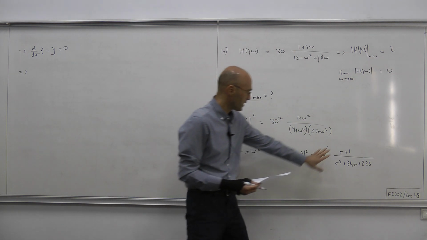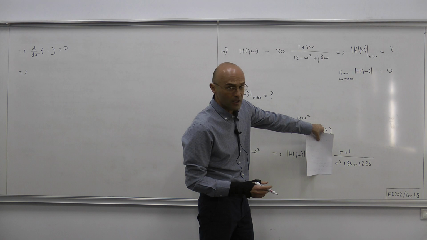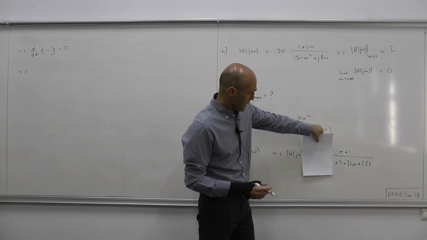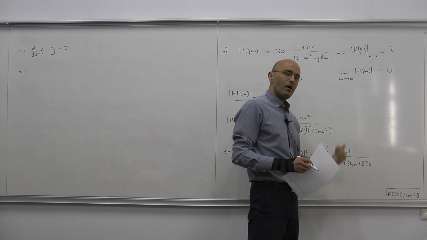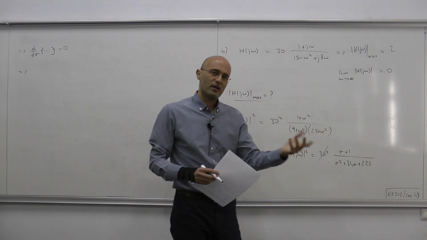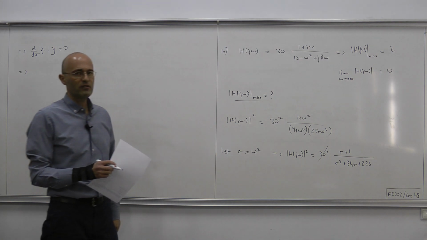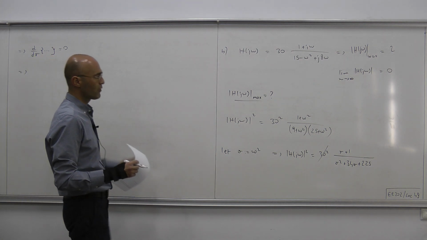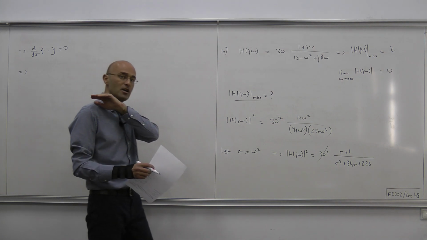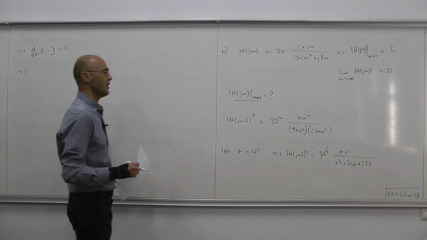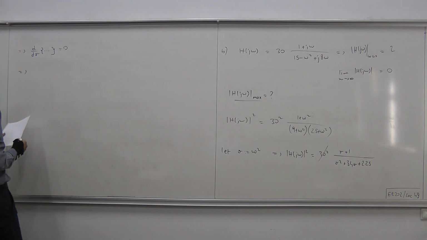Then we differentiate this: the derivative is the derivative of the numerator times the denominator minus the derivative of the denominator times the numerator, all divided by the square of the denominator. Because we're trying to figure out the maximum, we can forget about the squared denominator part and concentrate on the numerator.